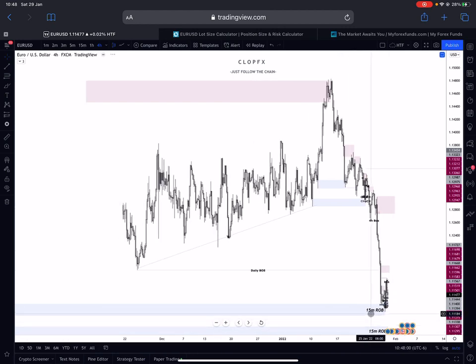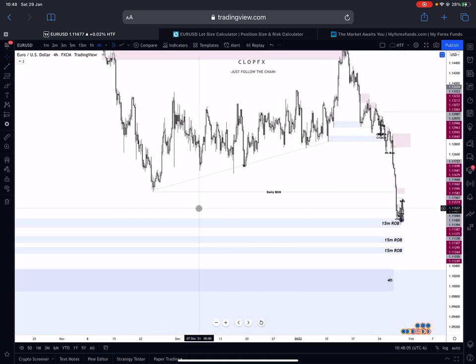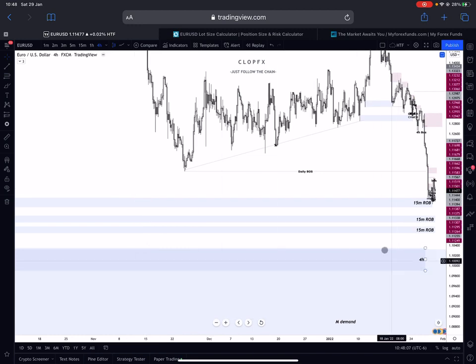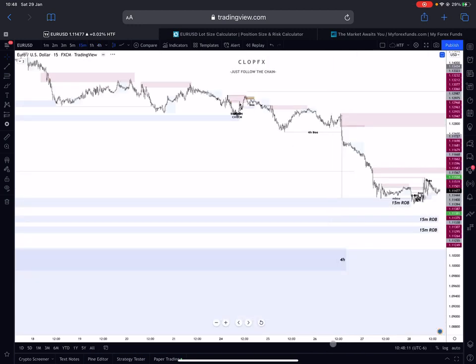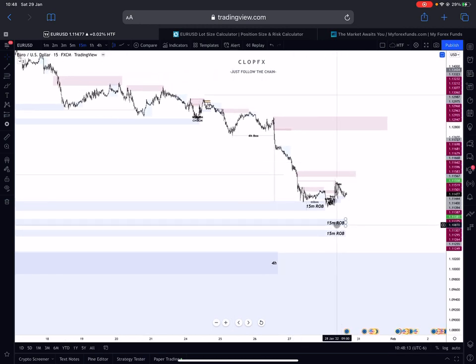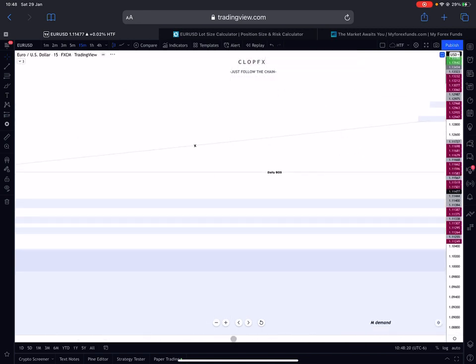Pullbacks aren't random. I've been backtesting this, and they're mostly composed of unmitigated POIs to the left, right? Well, let's go to the 50-minute to be more visible. I put it as 50-minute ROB, reaction order blocks, or you can call it unmitigated order blocks, whatever you want to call it.